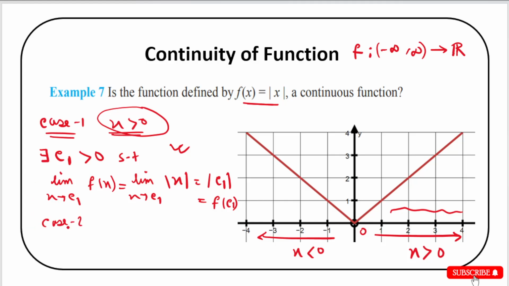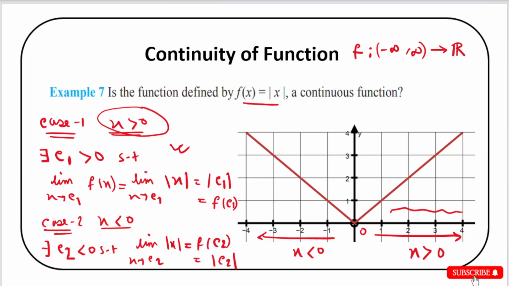Also, if you consider case 2, you are taking the range x is less than 0, then also you will say this, suppose this is c2 less than 0, such that you are taking a random value c2 which is less than 0, such that the limit of the function is exactly equal to the value of the function, which is mod of c2, sorry. So if you can show these two cases, then only you can say that the function is continuous, and this is true for the function mod x.